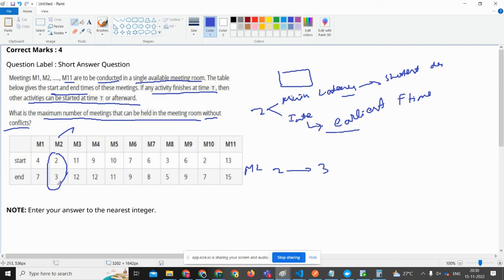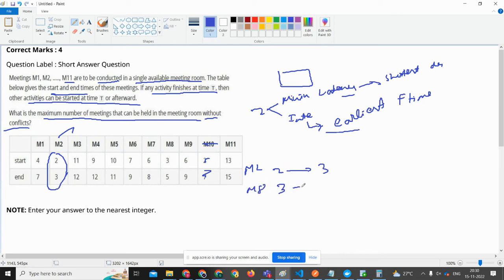Since you have only one room, M10 cannot run, so remove that. Now 3 and 3 is fine, since the finishing time and the starting time can be the same. So what's the next one? M8. There is no other conflict, so we go to M8.